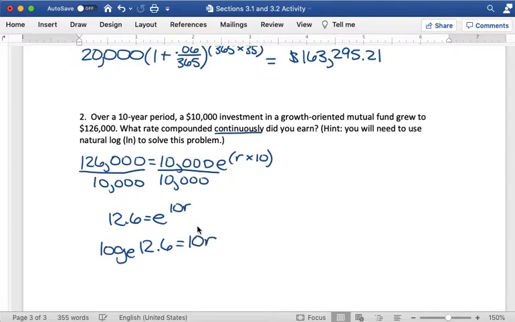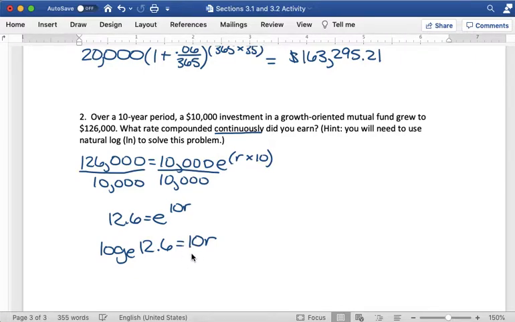Remember, the answer to the logarithm is the exponent. So think about where these three numbers are going. This one is a little bit uglier than the ones that we did before, but we still have three things here: 12.6, the e is the base, and the answer to the log is the exponent, which is 10R.